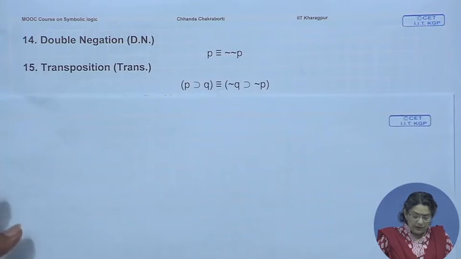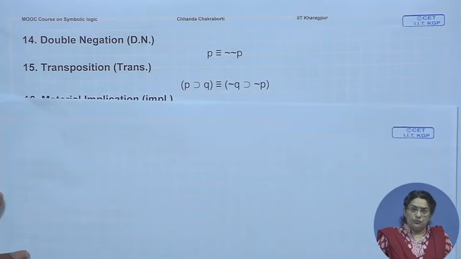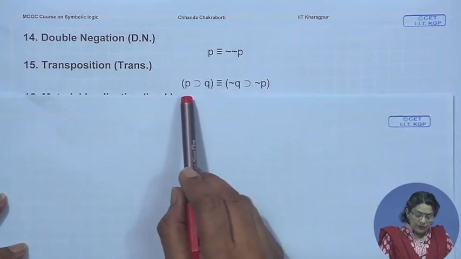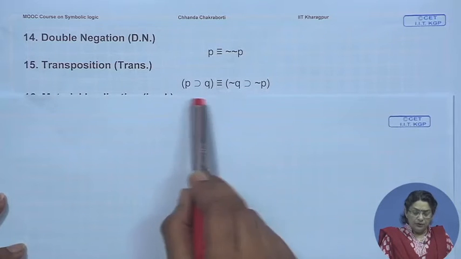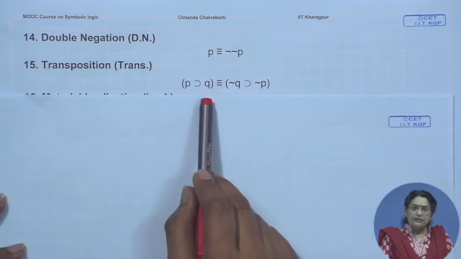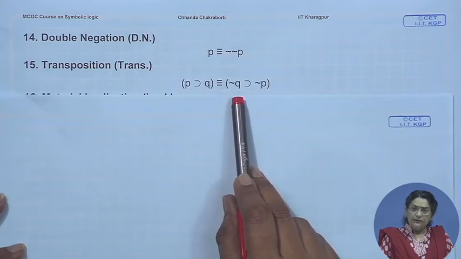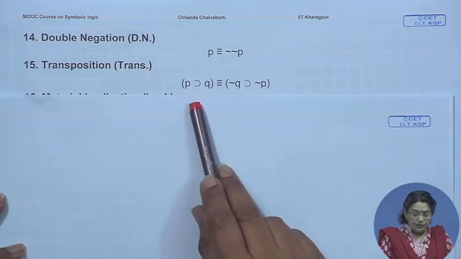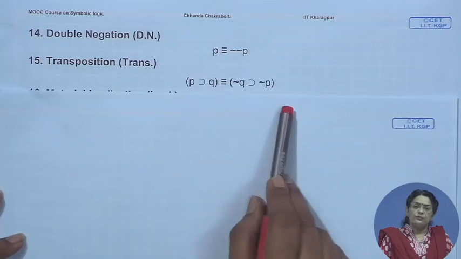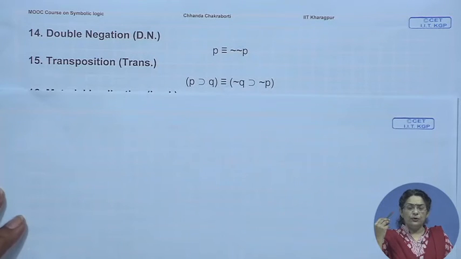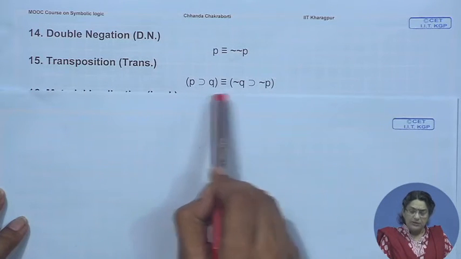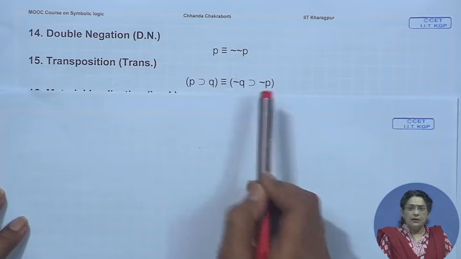This, on the other hand, is the transposition rule. What are you doing? You are saying if p then q is replaceable by if not q then not p. In a way we are restating the expression. For those of you who would like to understand it conceptually, what we are saying here is equivalent to this.